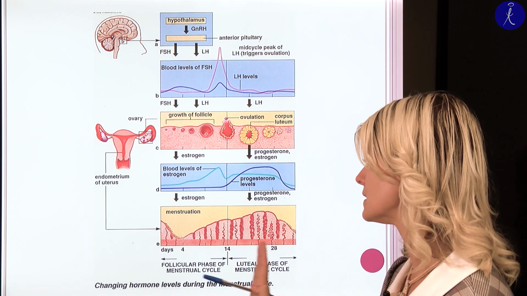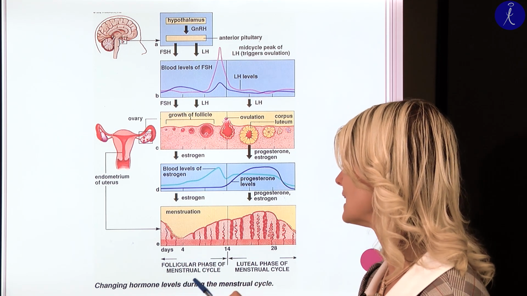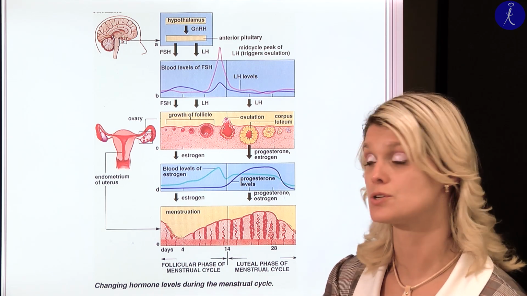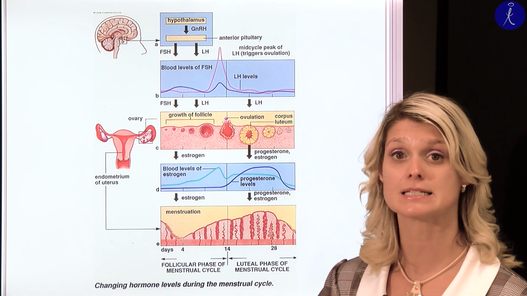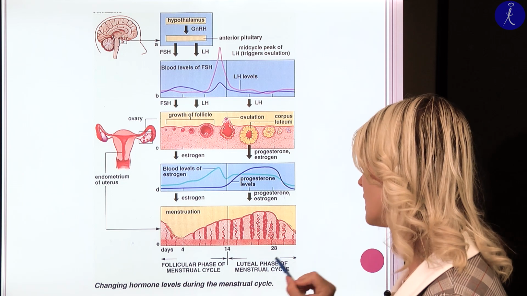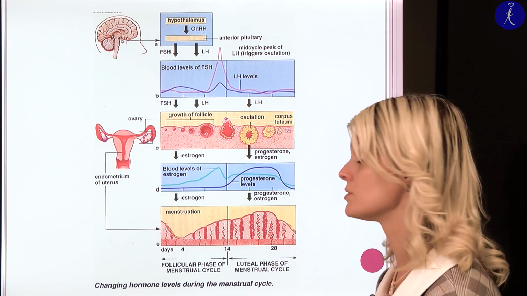So we can divide the menstrual cycle into two main parts. The first 14 days is the proliferative stage, or estrogen stage, or follicular phase, and the other is the luteal phase, or secretory phase, or progesterone phase.